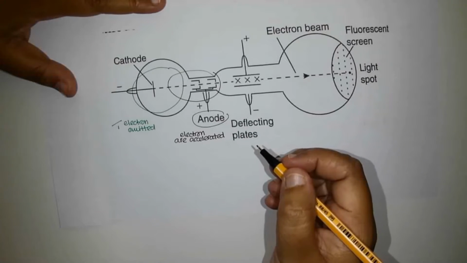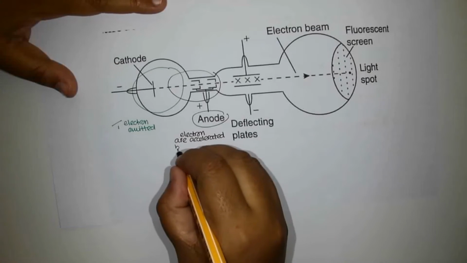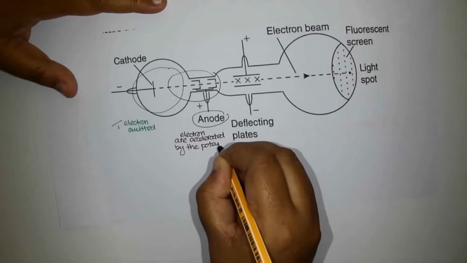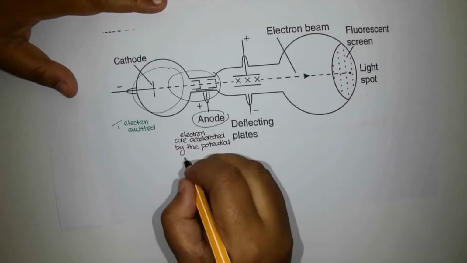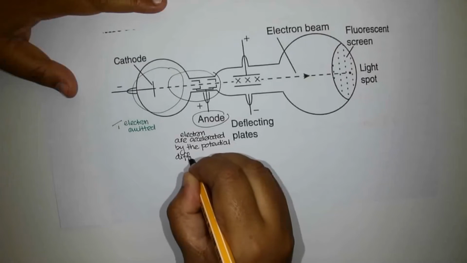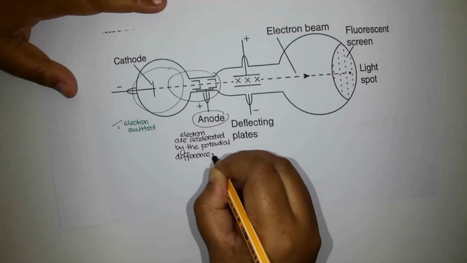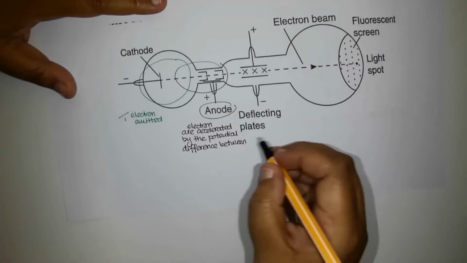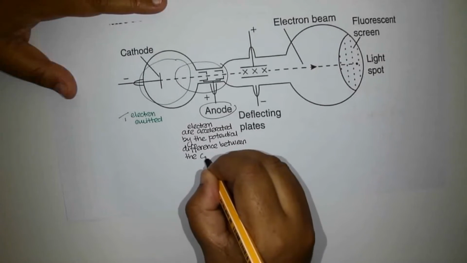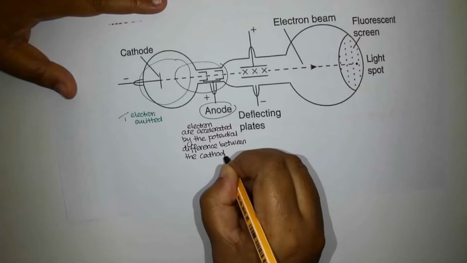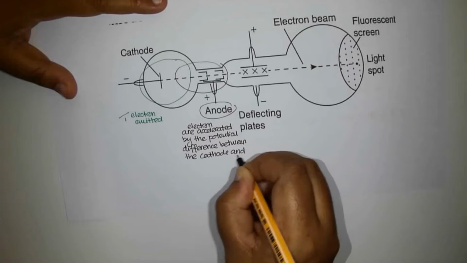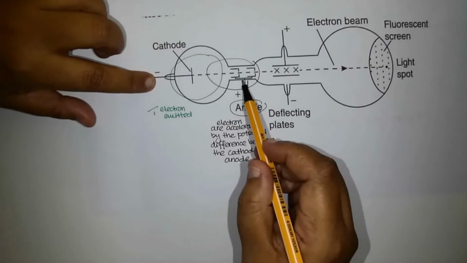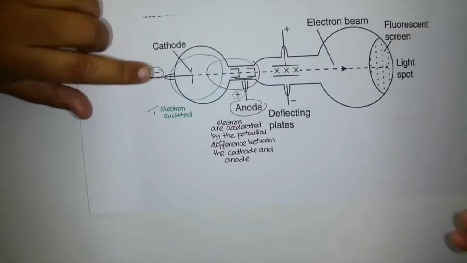The electrons are accelerated by the potential difference between the cathode and anode. This is positive here, and we can see this is negative here.